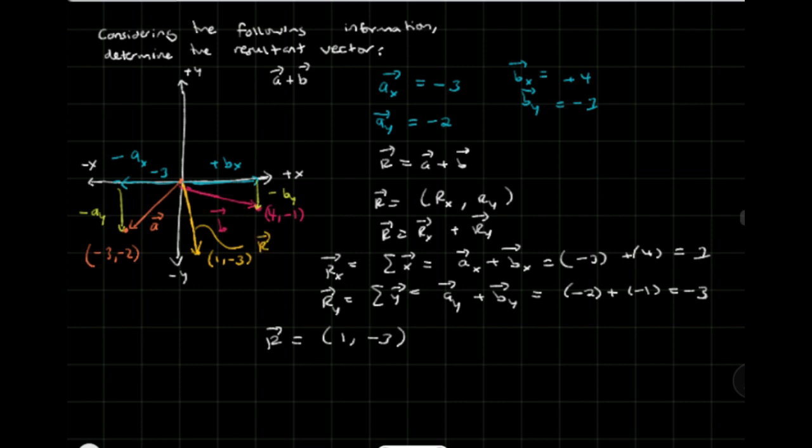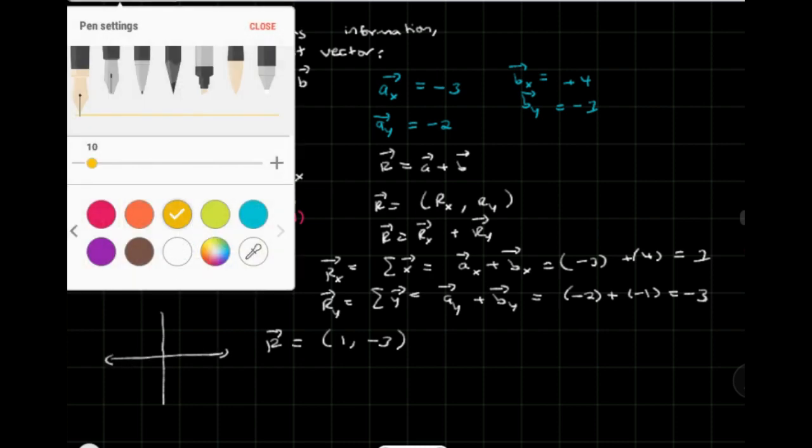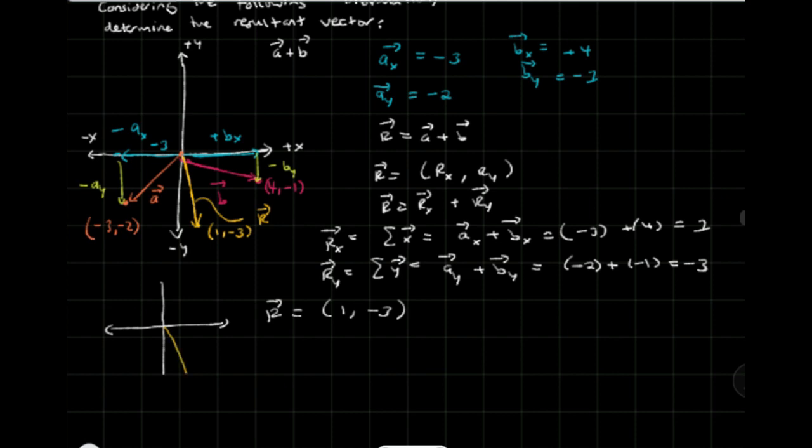Okay, and this tells you that your resultant vector, if you wanted to draw this on a separate Cartesian plane, has an x component of positive 1 and a y component of negative 3. Right, and you can actually find the magnitude of this.